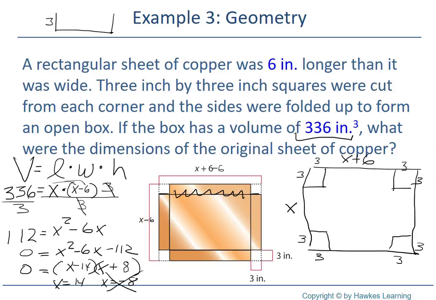So what is this side here? And let me just erase a few things here. We are saying our x here equals 14. Then what is the length? That's our width. What's our length?